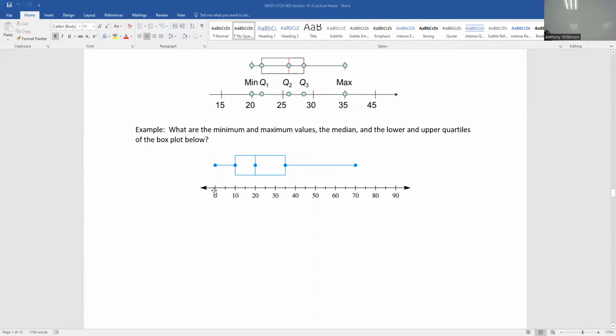Okay, that minimum, I'll write this out, the minimum, and then Q1, and then your median, which is also the same as Q2, and then Q3, and then your maximum.